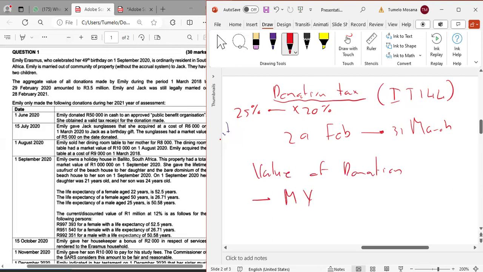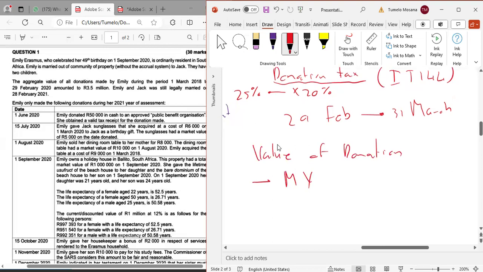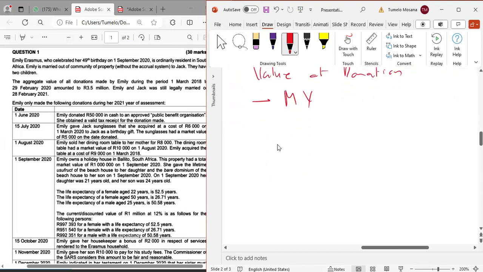Let's say you are valuing a fiduciary interest, or usufruct, or any other interest. We are going to use the capitalized rate of 12%, and this you are not going to calculate.